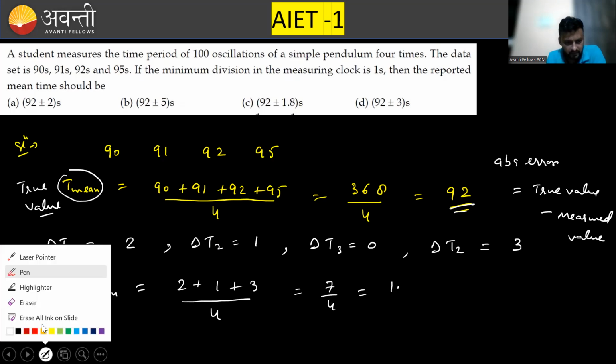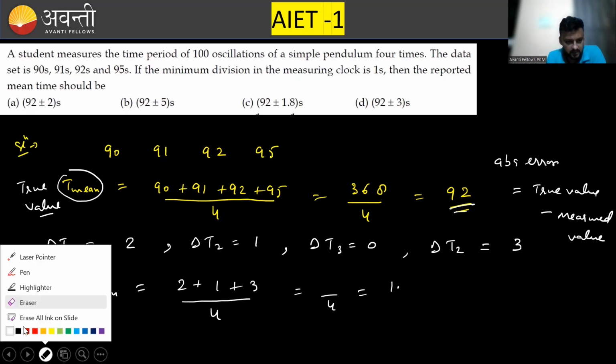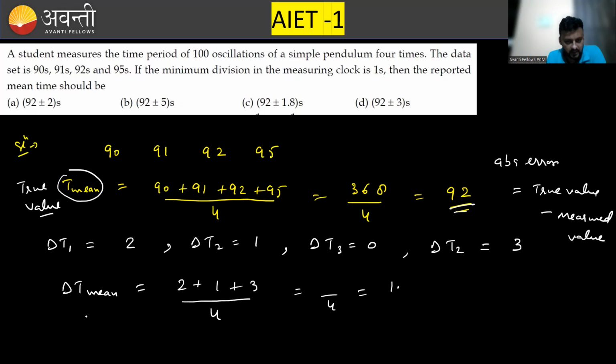Okay, I have mentioned something wrong. This is not 7. So 2 plus 1 plus 3 is 6, by 4. That is 1.5. So this is the mean absolute error.